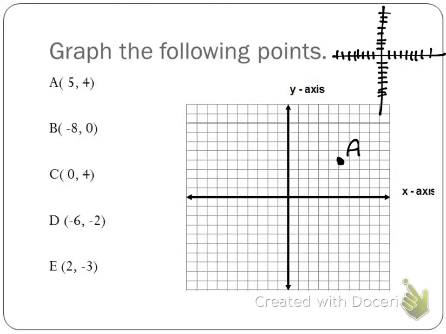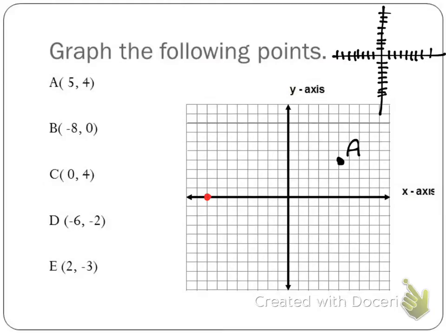All right, point B is at -8, 0. So again, I'm going to start here. What do I do? Go left. 1, 2, 3, 4, 5, 6, 7, 8. Then what do I do? That's it. You're going up and down 0.